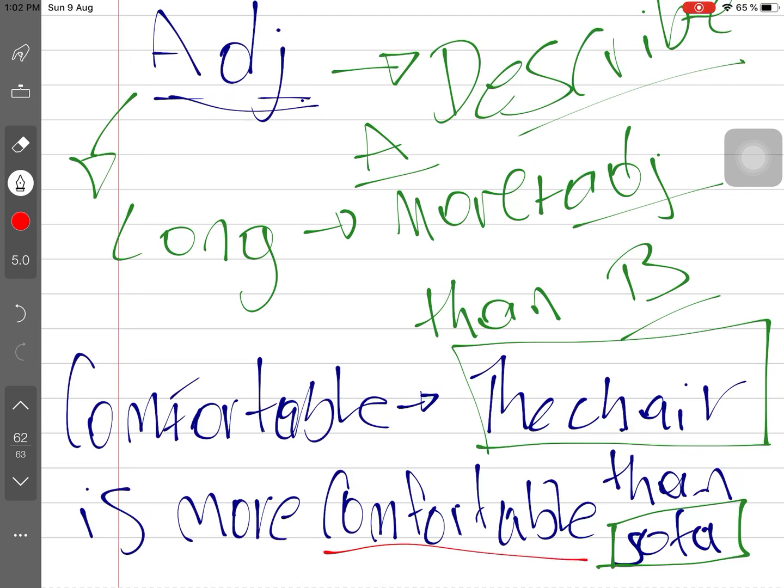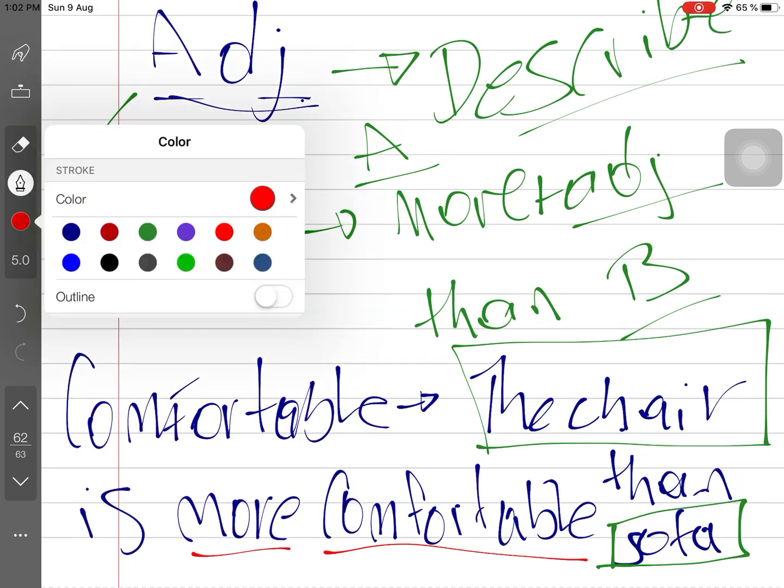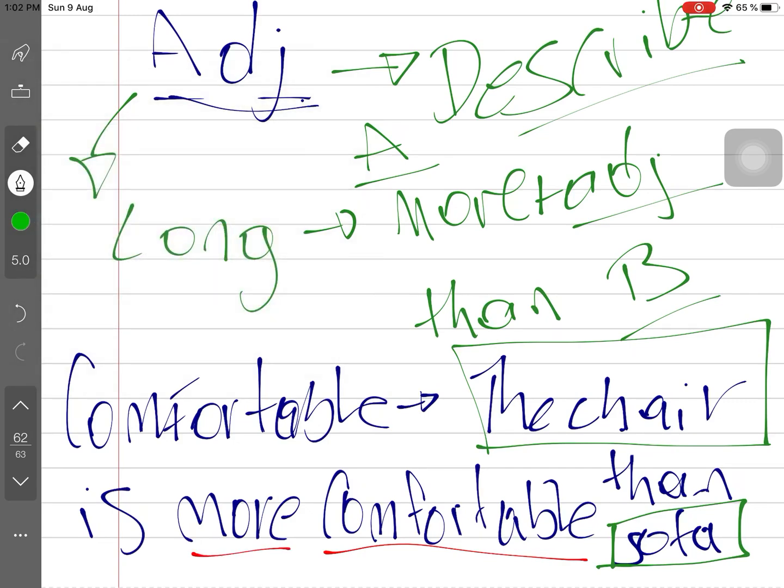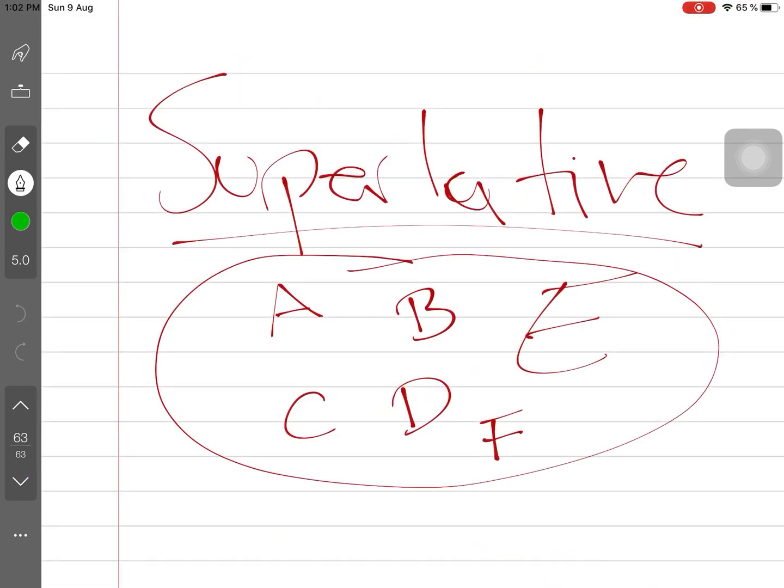We don't use just comfortable, no. We use more comfortable here, more comfortable. And our important word is than. It is going to be in all the comparatives. Yes. So we have to use the comparative with short adjectives and the comparative with long adjectives. So look at this. We are going to create different examples.